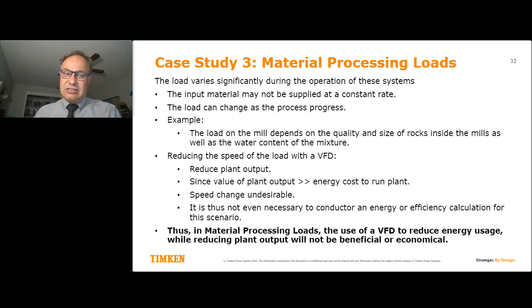So in this instance, material processing, a mill, stuff like that, changing the speed with a VFD is not economical because I reduce the output of the plant. And obviously, the plant owner can do that calculation, how much I get the output. But the answer will be it doesn't work because the value of the plant output is significantly more than the energy cost.